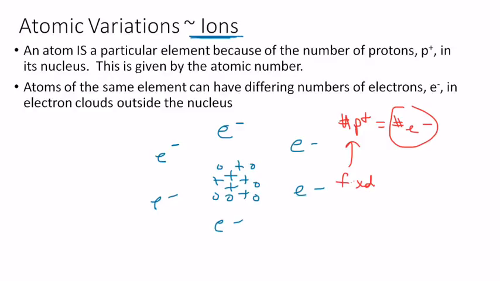Let's just say that our carbon atom, this is probably not a really good example, picked up 4 electrons. So now it's still got 6 protons, and now it's got 6 plus 4, or 10 electrons.